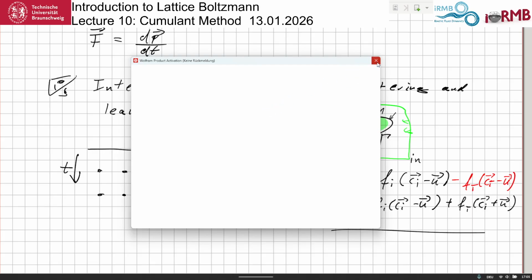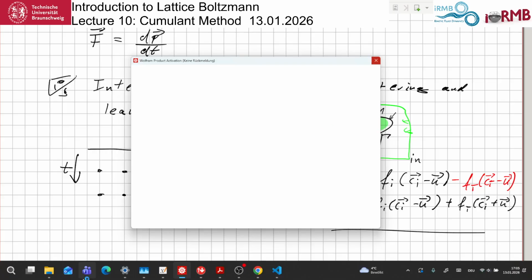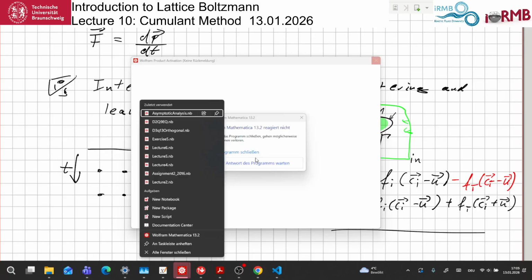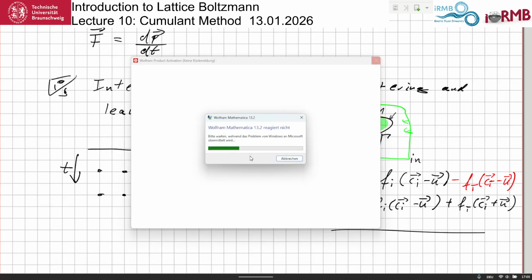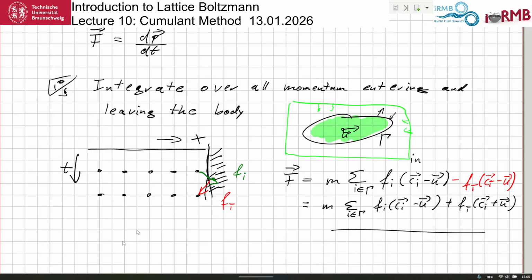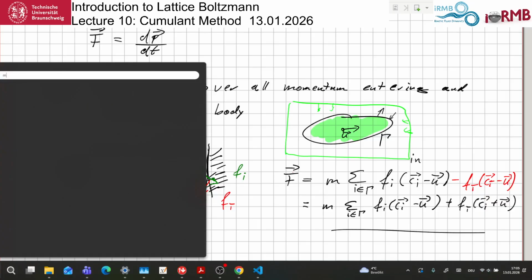Mathematica is not working, so I'll have to kill it. Okay, let's just kill it. So let's have Mathematica on.